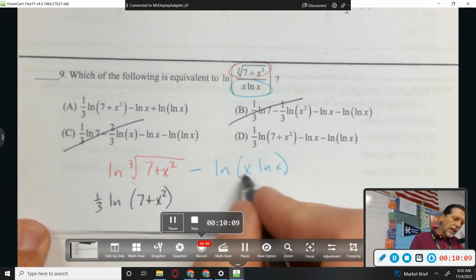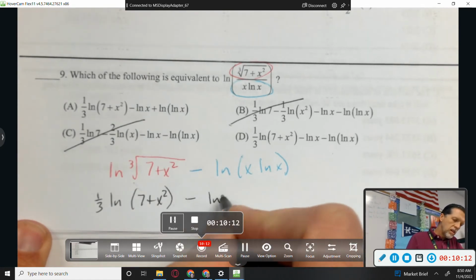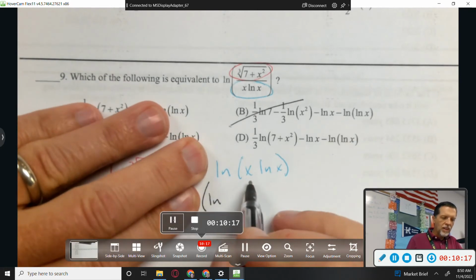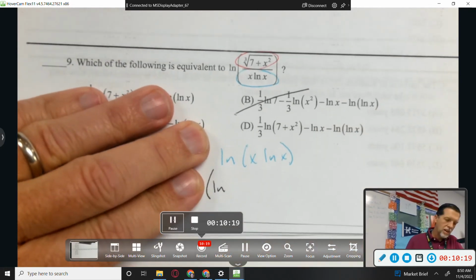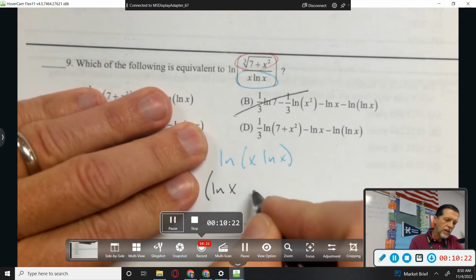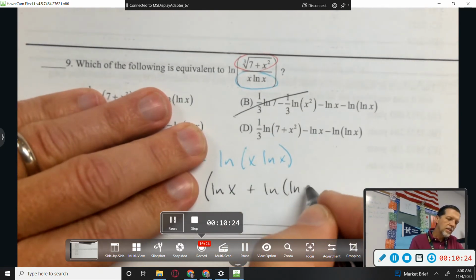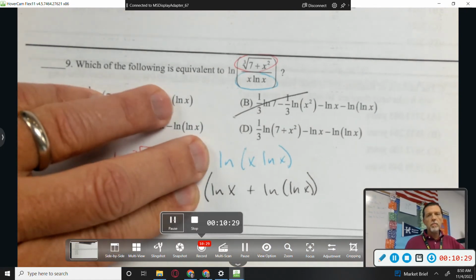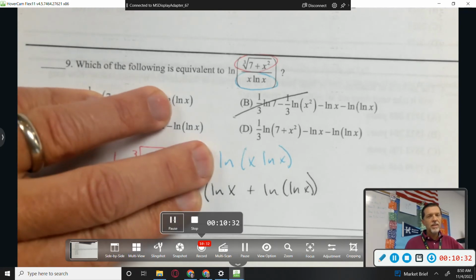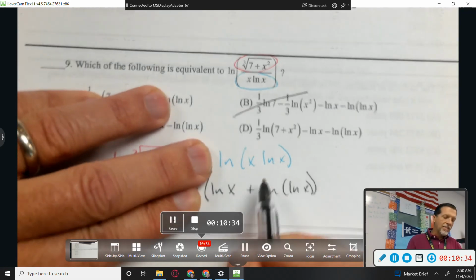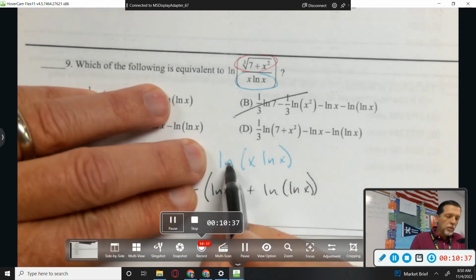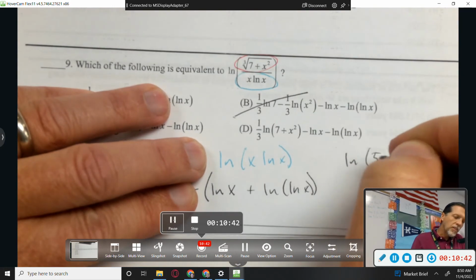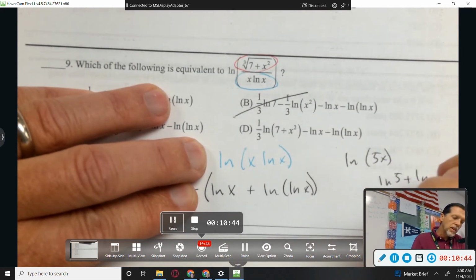And then these I can split up. Natural log of... Okay, this gets a little bit tricky on how we phrase this. x ln x is being multiplied, so I can do natural log of x plus natural log of ln x. But there's a minus out front. That's sort of how we distribute natural log, right? The natural log of 5x is the natural log of 5 plus the natural log of x.